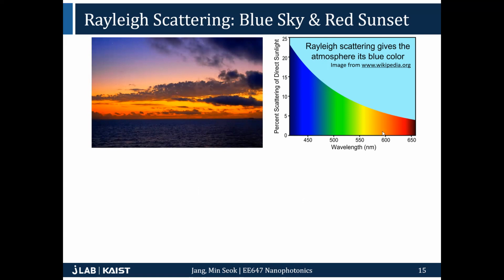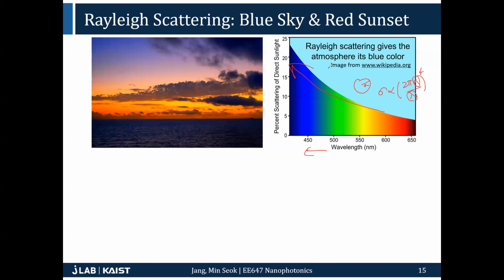Based on the Rayleigh scattering, let's assume that your particle size is the same. Then because the Rayleigh scattering cross section is proportional to (2 pi a divided by lambda), I'm sorry, to the power of 4, if a is the same, when lambda decreases, your scattering cross section rapidly increases, right?